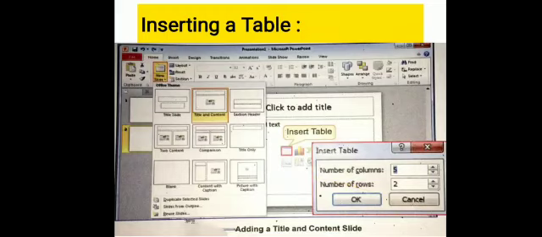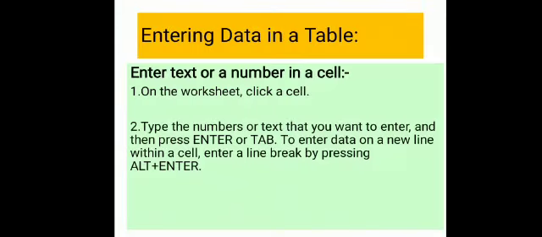Now when we insert the table, the question is how to enter data in the table. After inserting the table in the slide, you have to follow these steps. First, click on the worksheet. Worksheet means you select the table, one cell where you want to start. We will start with the first cell. So place the mouse pointer in the first cell of the table and type the heading, text or number.